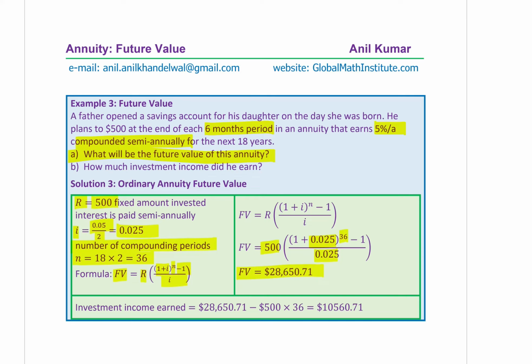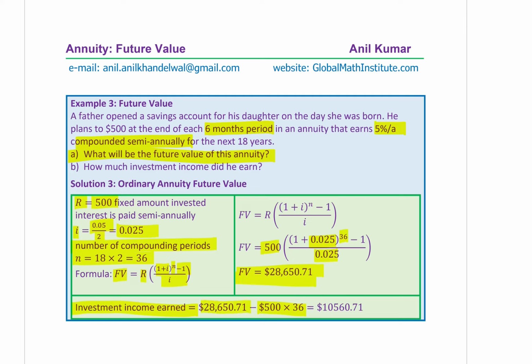Now part B is how much investment income did he earn? That is to say, how much interest did he earn? To find the interest, we can just subtract what was actually paid in these 36 installments, a recurring deposit of 500 each, from the future value of the investment.